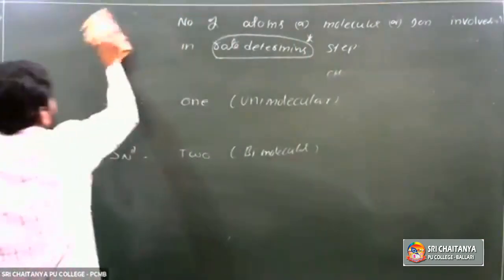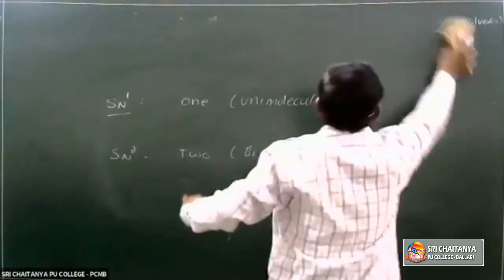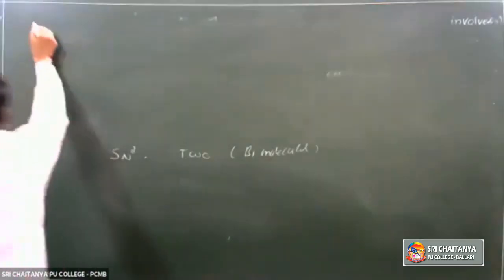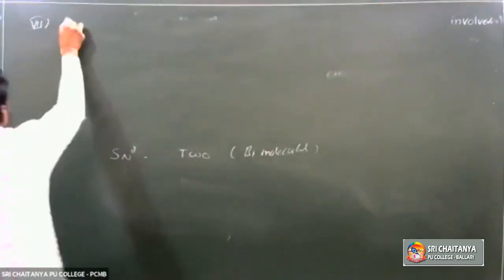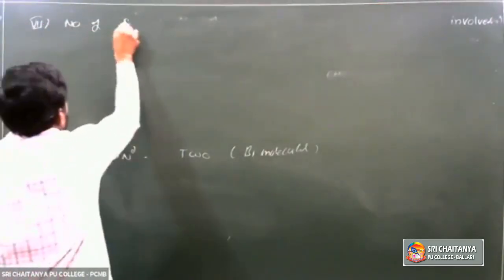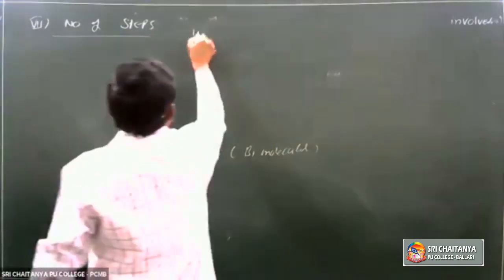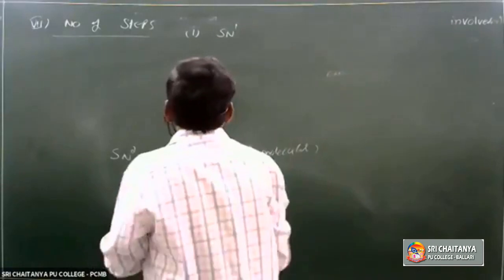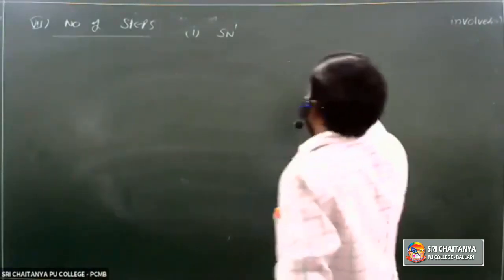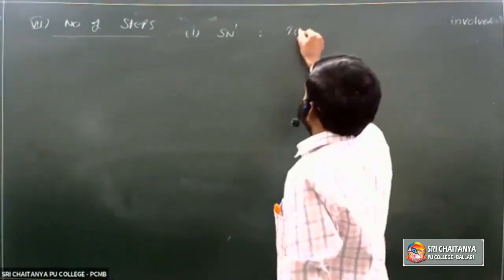The next one, the 7th one, number of steps taken. First take the SN1 mechanism. How many steps does the SN1 mechanism take? It takes 2 steps.